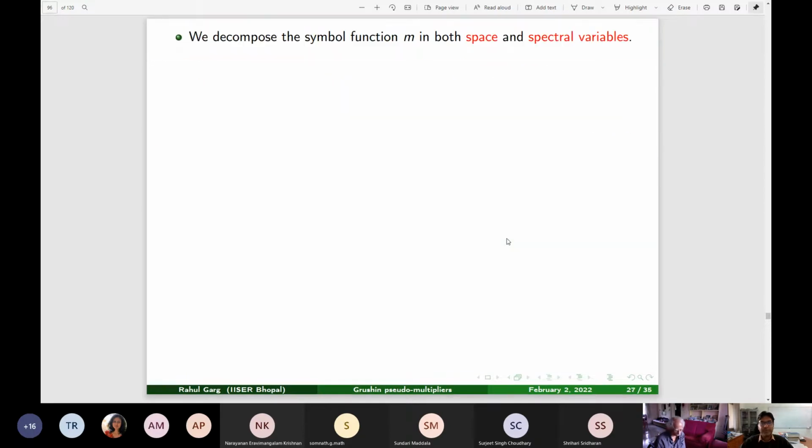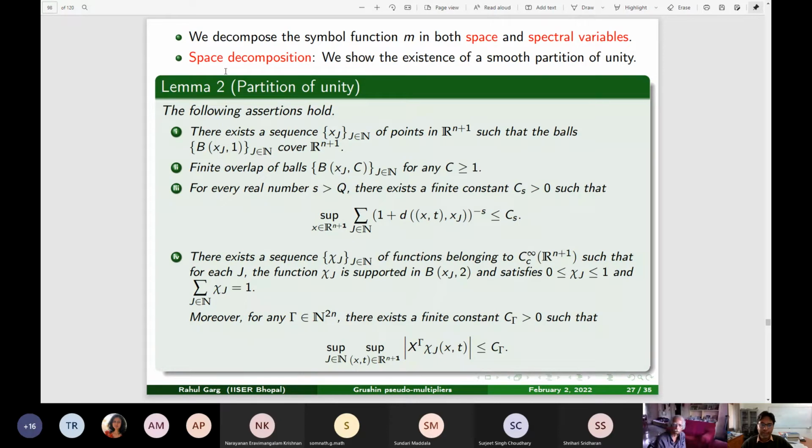We apply that. We decompose our symbol function in space and spectral variable both. For space decomposition, we explicitly produce a partition of unity, by which we mean that we have a sequence of points such that unit balls cover.